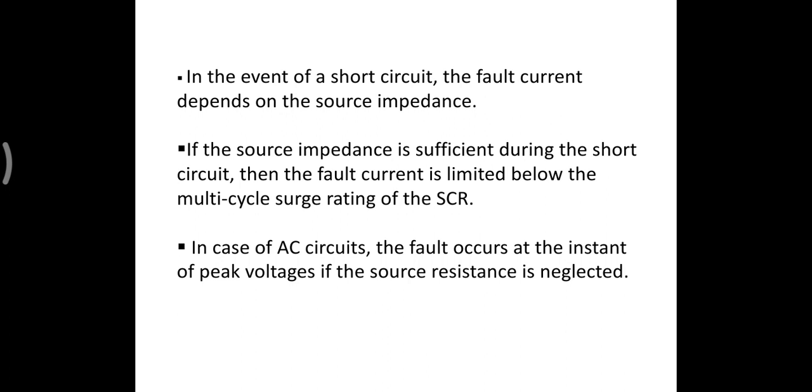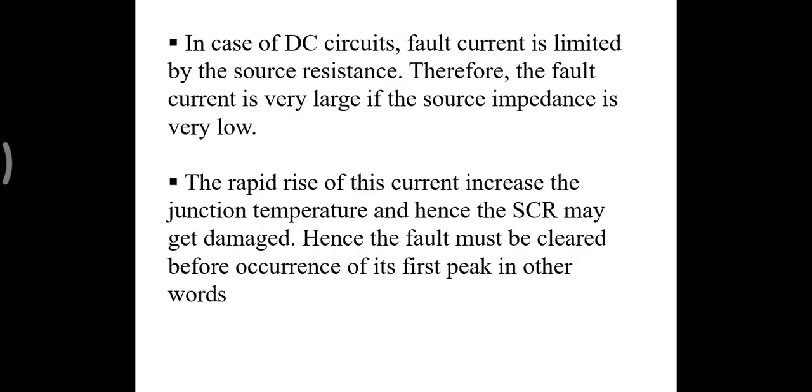Next, in case of AC circuits, the fault current is maximum at the instant of peak voltage if the source resistance is negligible. In case of DC circuits, the fault current is limited by source resistance. So the fault current is very large if the source impedance is very low. The rapid rise of current increases the junction temperature and hence the SCR may get damaged.